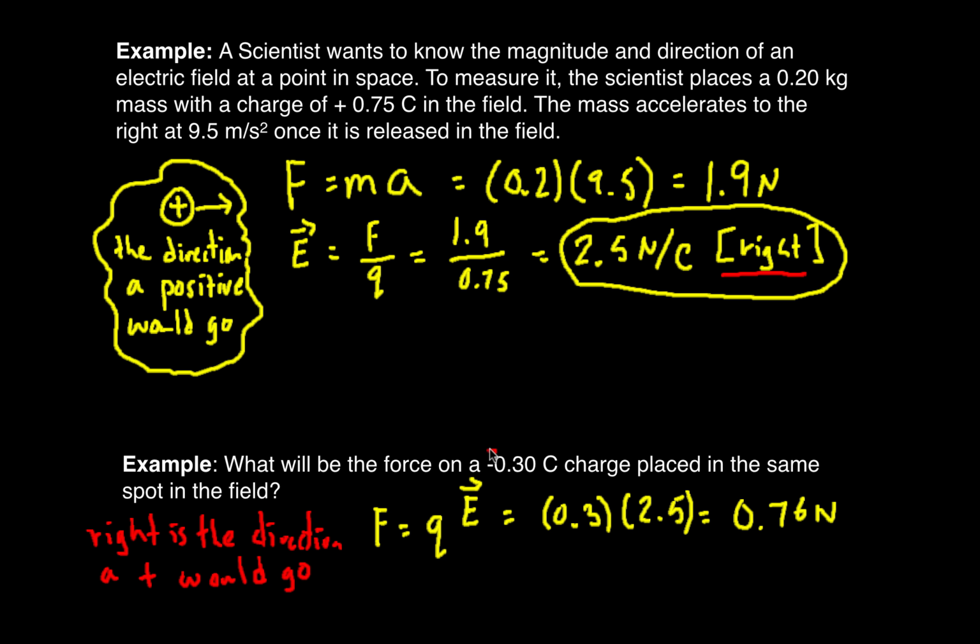And we are dealing with a negative charge. A negative charge would go the opposite direction to the direction that a positive would go. So we know that our negative charge would experience a direction to the left. So the force on the negative charge is 0.76 newtons to the left.